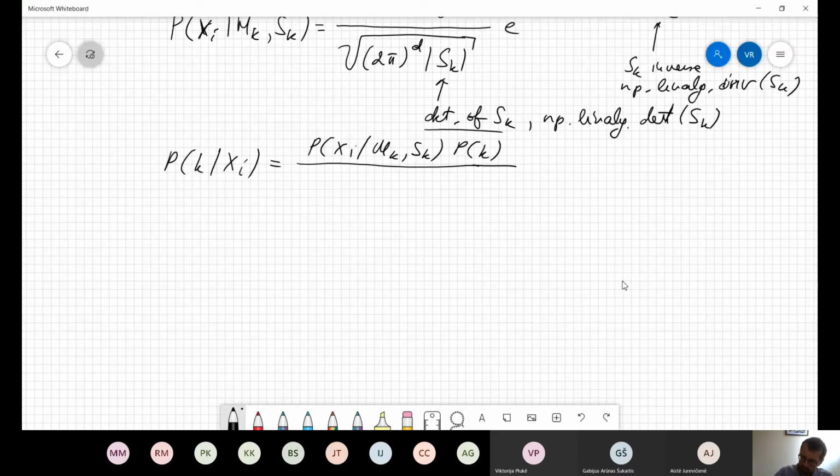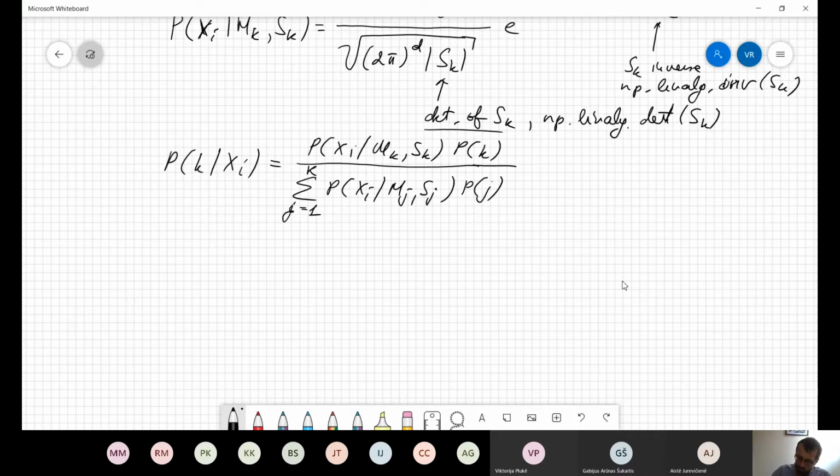Here it is again the sum over j equals 1 until k of xi given mj, sj, pj. It is exactly the same, but now we have vectors everywhere instead of single values.